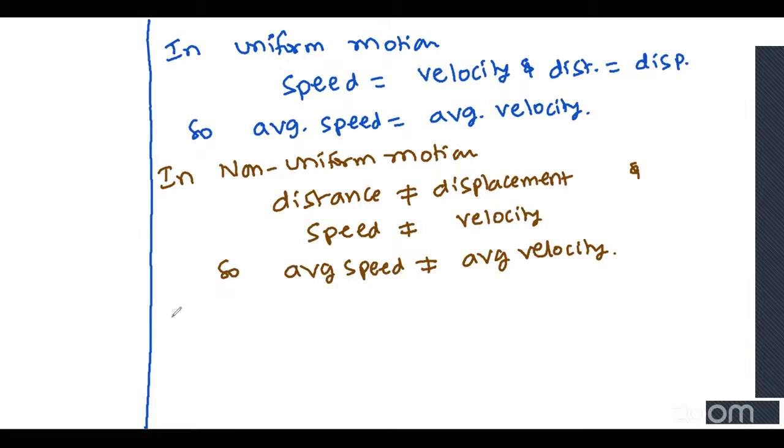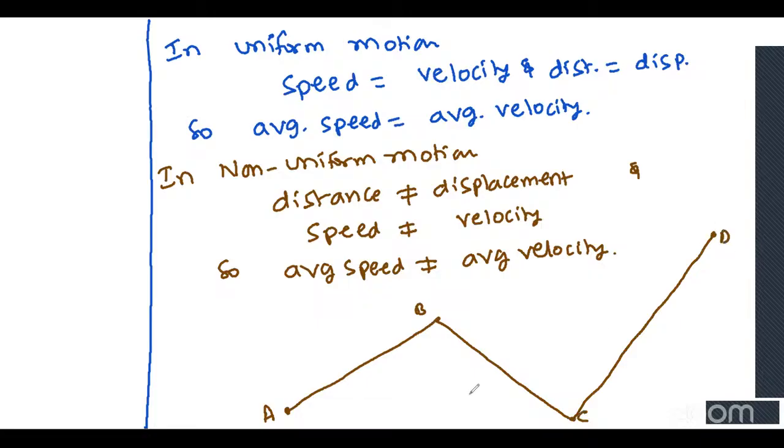First, let us consider a particle that starts from A, moves to B, then C, and C to D. From A to B it travels a distance S1 in a time T1, from B to C a distance S2 in a time T2, and from C to D a distance S3 in a time T3.